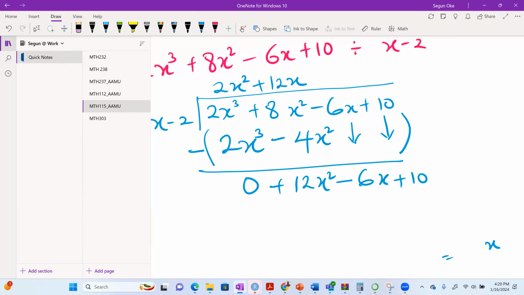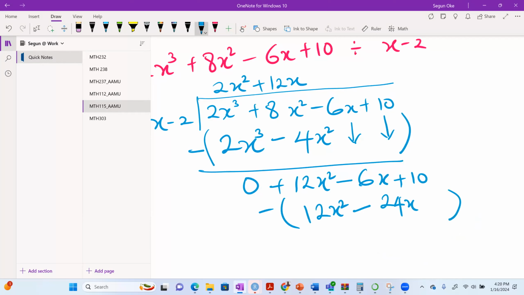So plus 12x. Now, if it is plus 12x, we have negative here. So I can say 12x multiplied by x will give me 12x squared. 12x multiplied by negative 2 will give me minus 24x.